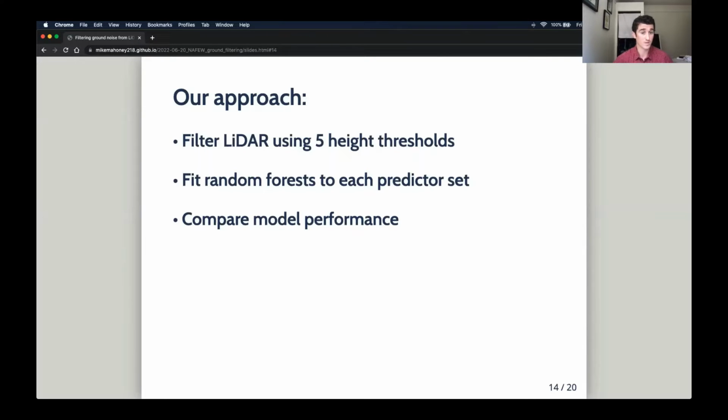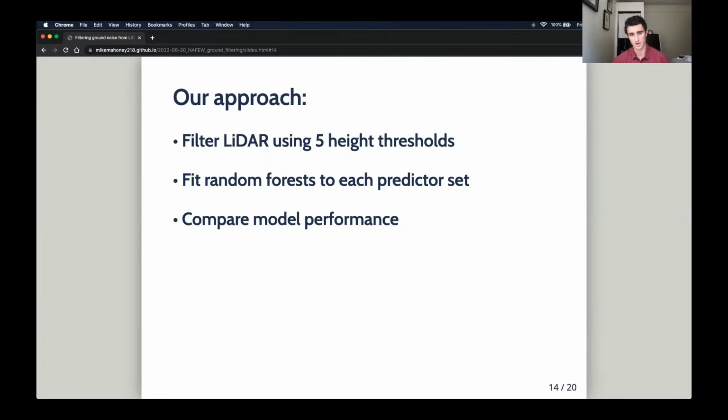So we filtered our LiDAR data 4 different ways, removing points at 0 meters and below, points 0.1 meter and below, so 10 centimeters and below, and then 1 meter and 2 meter thresholds. And we fit random forests to each of these data sets, plus the original unfiltered data set.